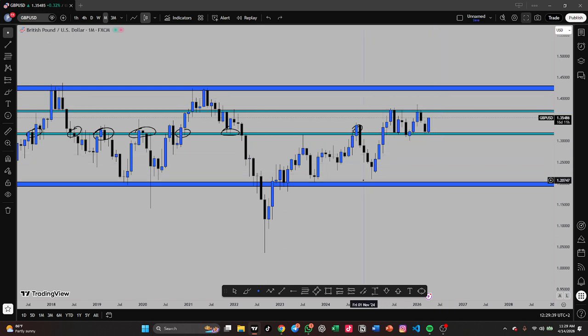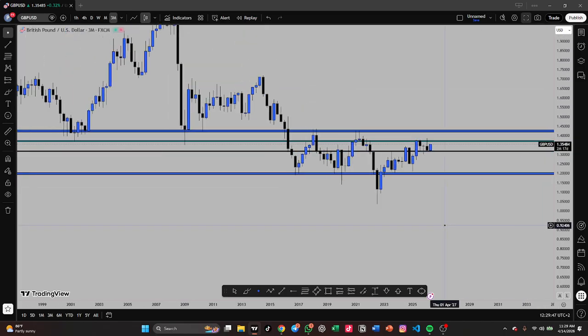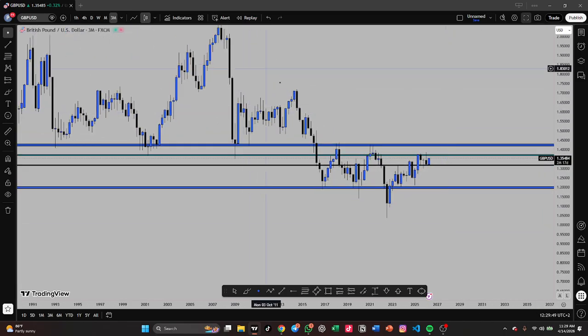Let me also show you one thing that makes me consider looking to buy. If we go back to the 3-month chart, of course the 3-month chart says that the market is in a downtrend, but one thing we need to pay attention to as well is that we have this level of support that has been holding price for a very long time.